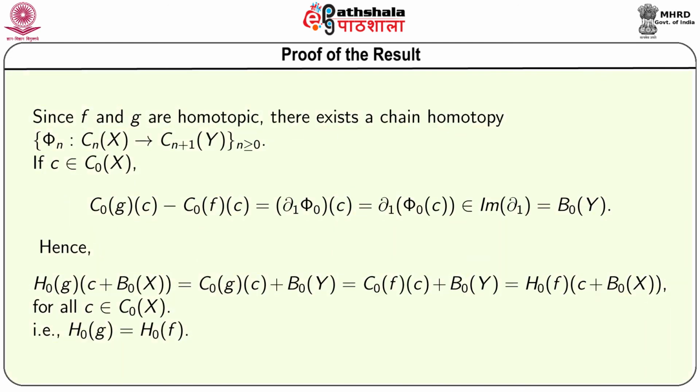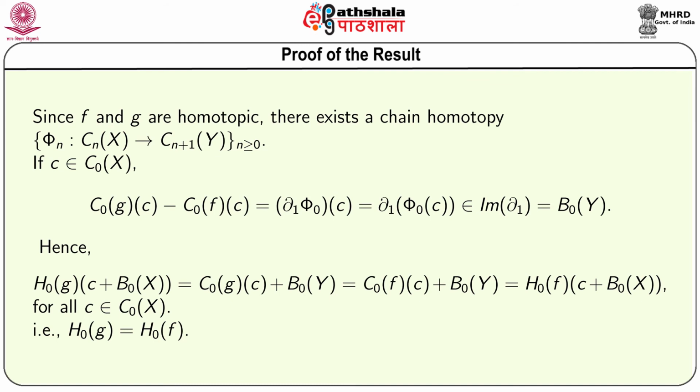To prove this result, let us start with two homotopic maps f and g. Then there exists a chain homotopy phi_n from C_n x to C_{n+1} y for n greater than or equal to 0.